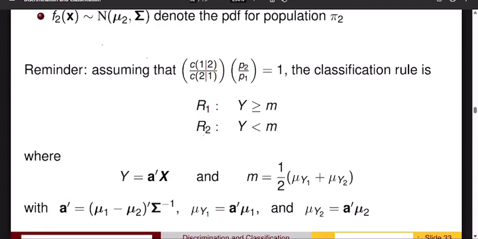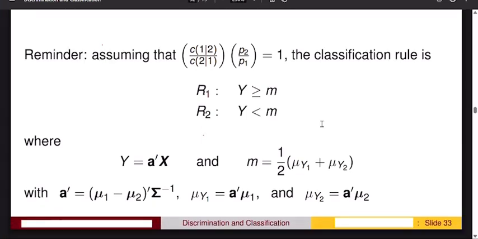Now, in that regard, what is the classification rule going to be? For this scenario, because in the exam, what if I say you want to use linear discriminant analysis in a situation where the two possible costs of classification are the same, and the prior probabilities of the two groups are the same.